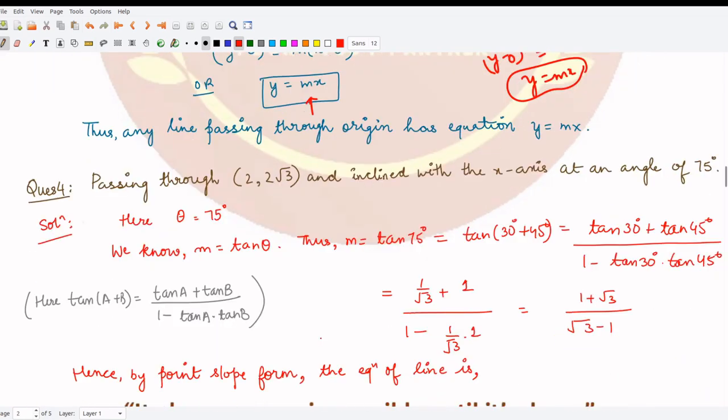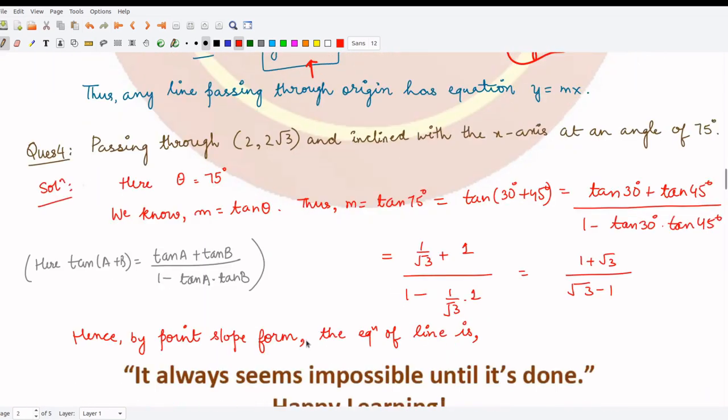Moving forward to the fourth question. Question 4 says we have to find the equation of the line which passes through the point (2, 2√3) and is inclined with the x-axis at an angle of 75 degrees. What does it mean?